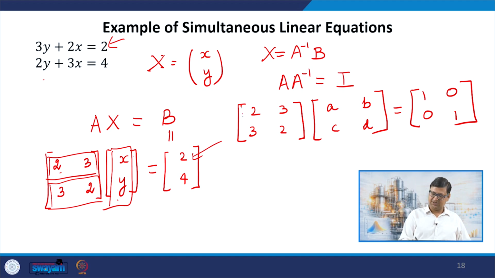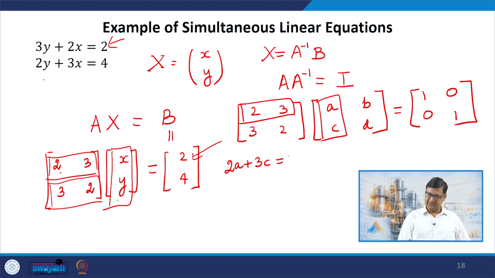The first equation is multiplying the first row with the first column here, that gives me 2a plus 3c is equal to 1. Then the second equation is first row into second column, that will be 2b plus 3d is equal to 0.